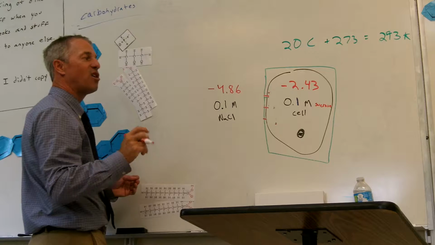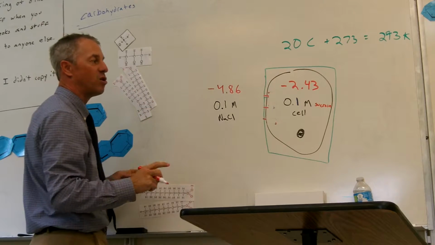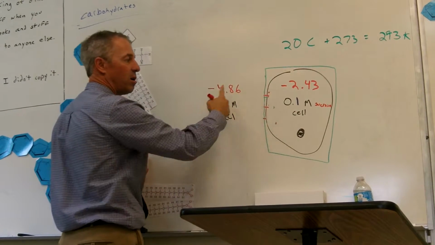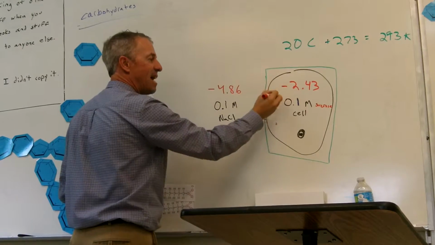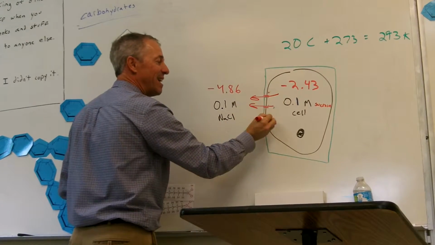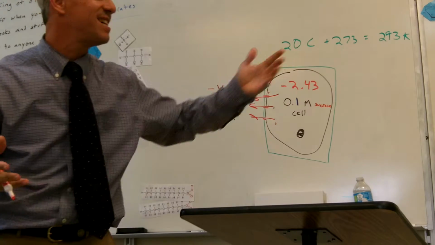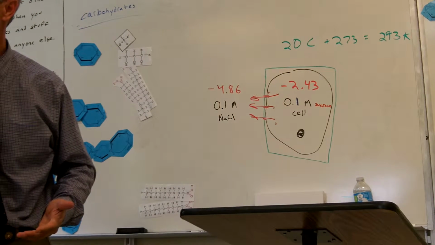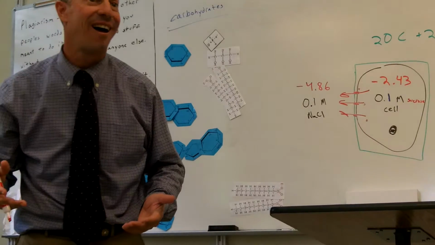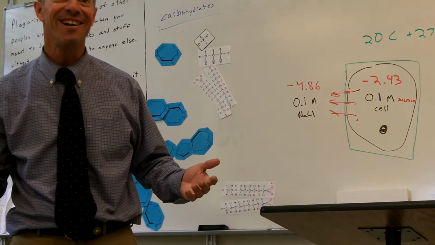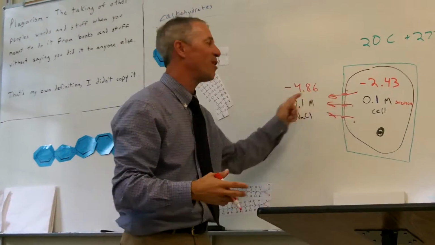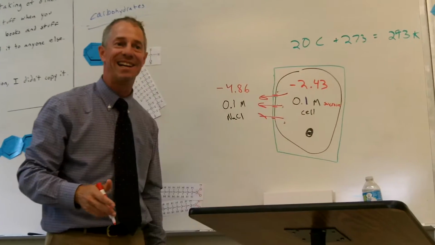Water always goes from high potential to low potential. What's the lowest number? Negative 4.86. That's lower, so water is going to go that way. You can calculate which way water goes based on these formulas. Isn't that cool? You didn't know which way water was going to go until you calculated it.